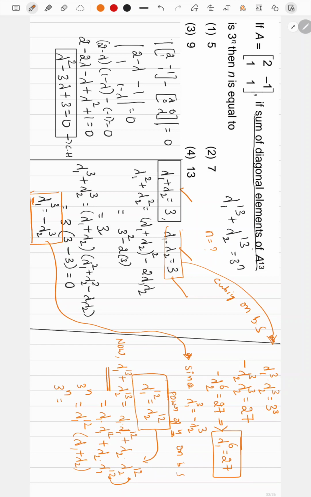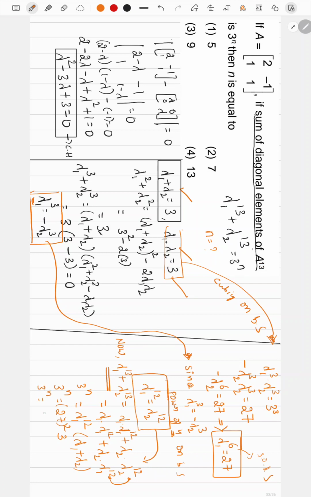Lambda 1 whole power 6 is 27, so that is nothing but 27 whole square. If you do squaring on both sides, then you get lambda power 12 is equal to 27 whole square, and lambda 1 plus lambda 2 we already know is 3, the sum of the roots.